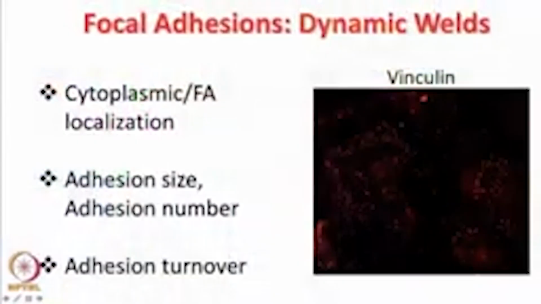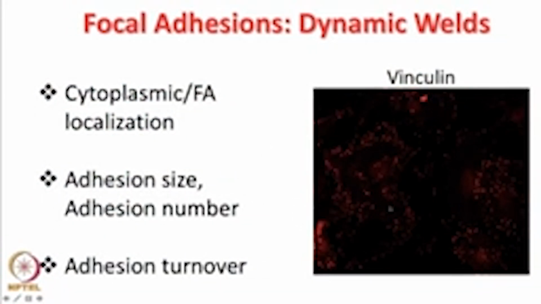Last thing is adhesion turnover, and that is what brings me to this term of dynamic wells. In order to migrate, the cells need to form adhesions and break adhesions at the rear. It is like a man walking, you put your first foot forward, you stabilize yourself, which is equivalent of forming a focal adhesion, and you dislodge your back foot so that you can again bring it forward.